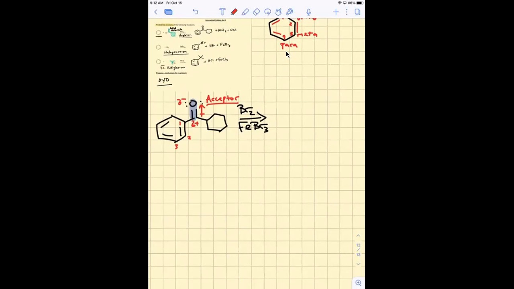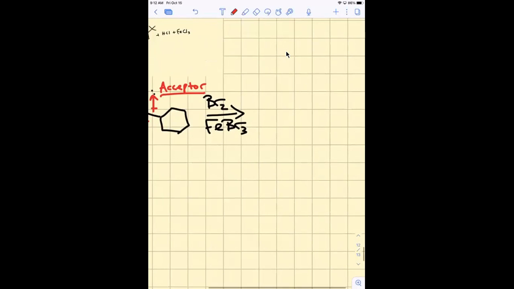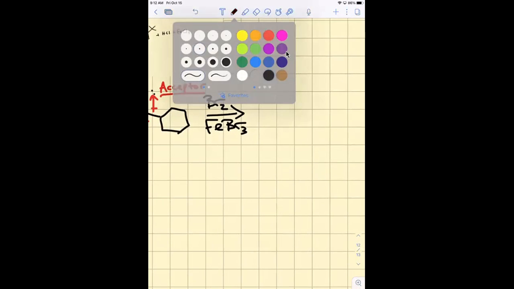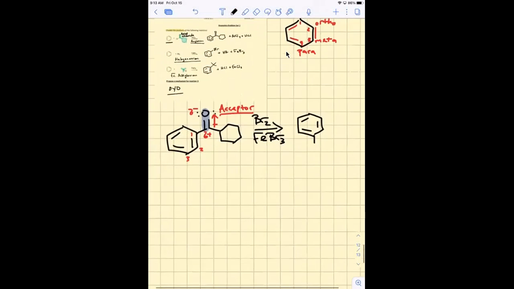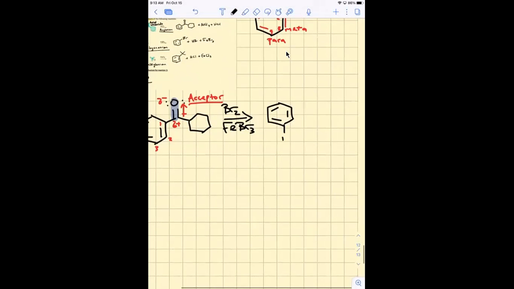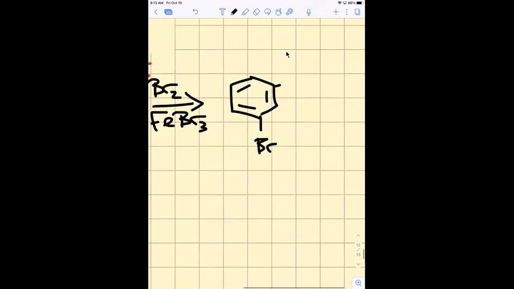So if I would brominate this, the bromine is going to end up here.